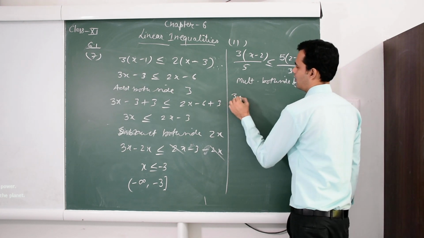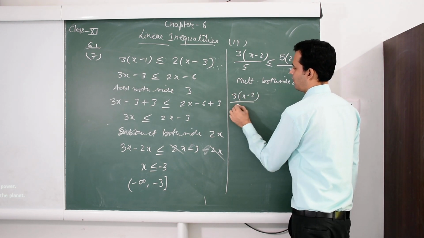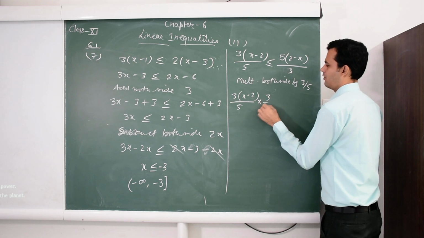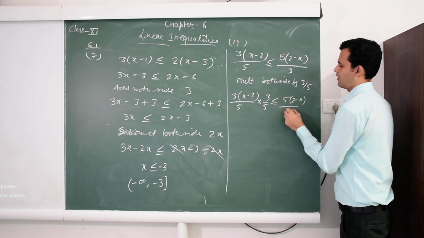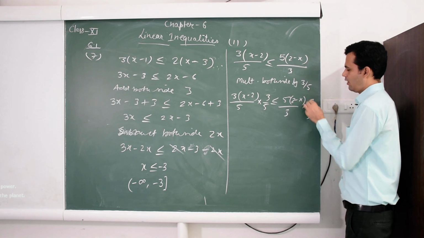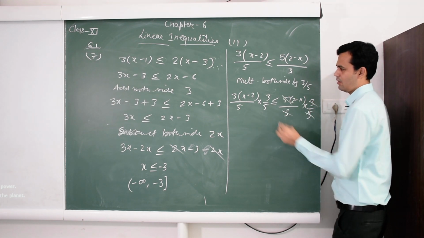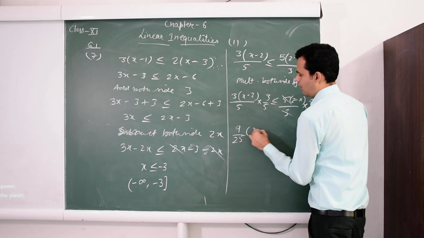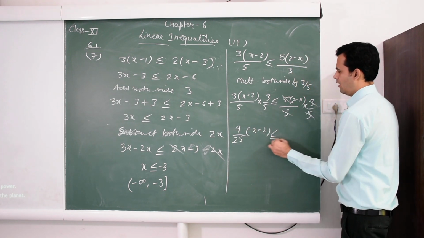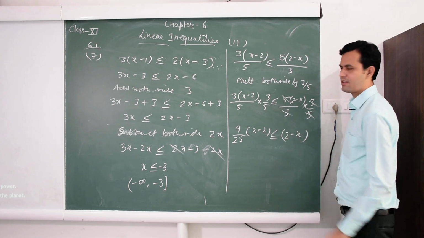So (3x minus 2) upon 5 into 3 by 5 less than or equal to 5 times (2 minus x) by 3 into 3 by 5. So 3 cancel, 5 cancel. This is 9 upon 25 (x minus 2) less than or equal to 2 minus x.